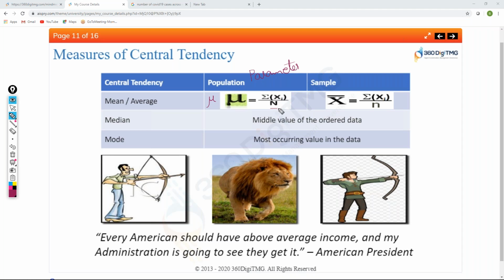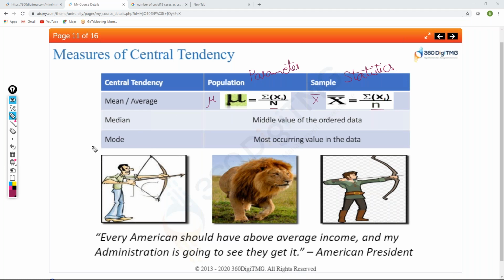And you see a capital N. Capital N means we are speaking about the population. If you calculate this for a sample, it is called sample statistics, and it's given the notation x bar, with a small n.